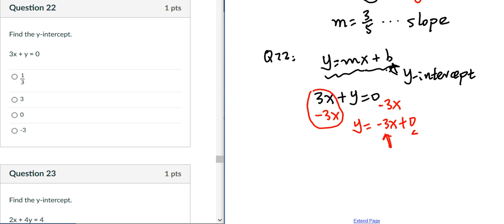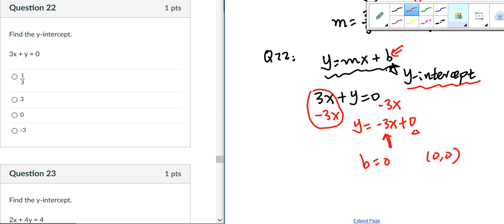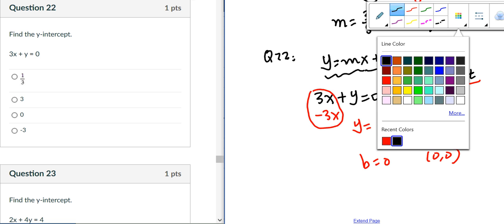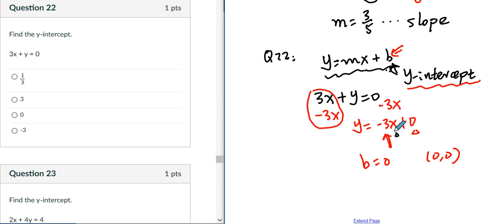But here, comparing this 0 with this b, we know b will be 0. b is 0 means the y-intercept is 0. Where is that point? It's (0, 0). Because if you plug in x as 0 here, you get y is 0, right? Negative 3 times 0 is 0.